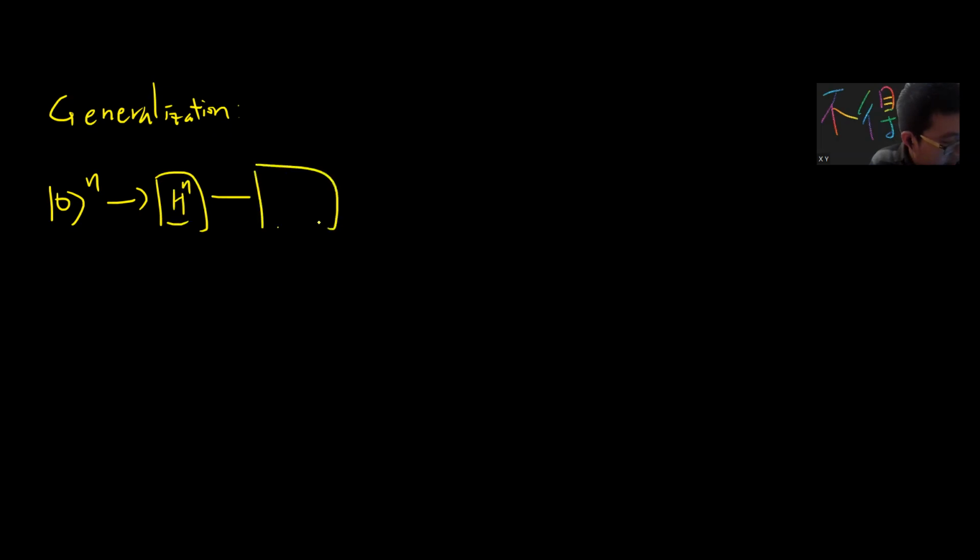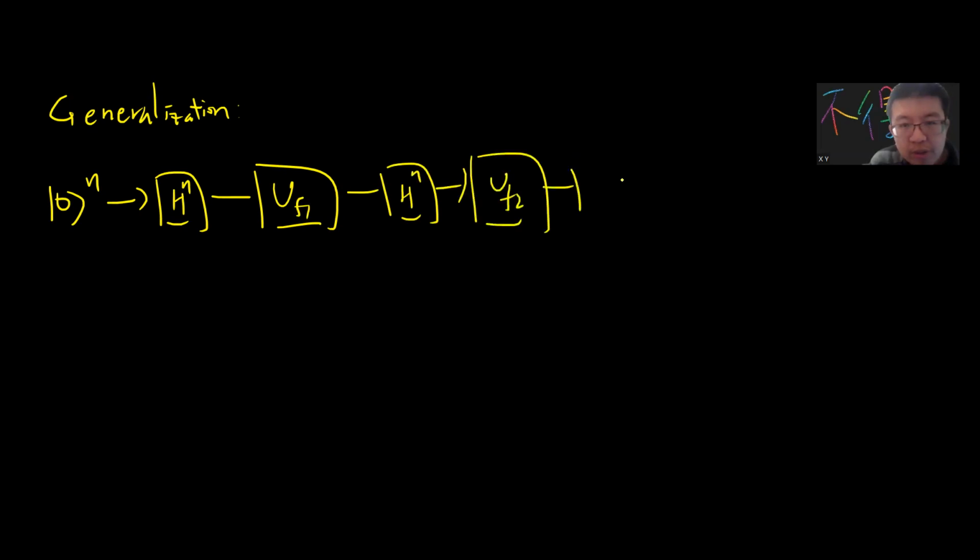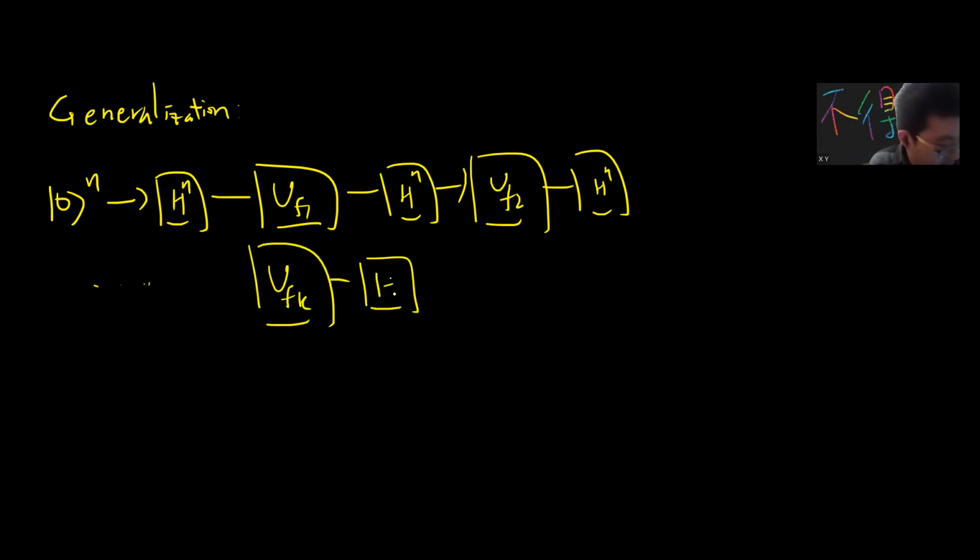So you start from 0 to the n, and then go Hadamard to the n, and f1, h to the n, and you get f2, h to the n. Keep going until the U fk, h to the n, and you measure.